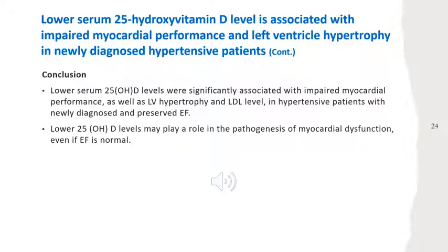In conclusion, the present study showed that lower serum 25-hydroxy-vitamin D levels were significantly associated with impaired myocardial performance as well as left ventricle hypertrophy and LDL level in hypertensive patients with newly diagnosed and preserved ejection fraction.